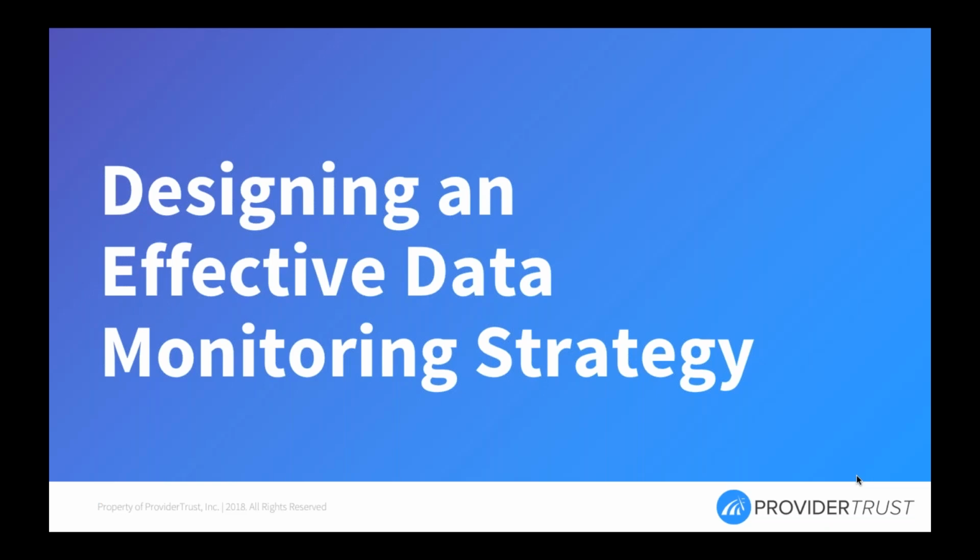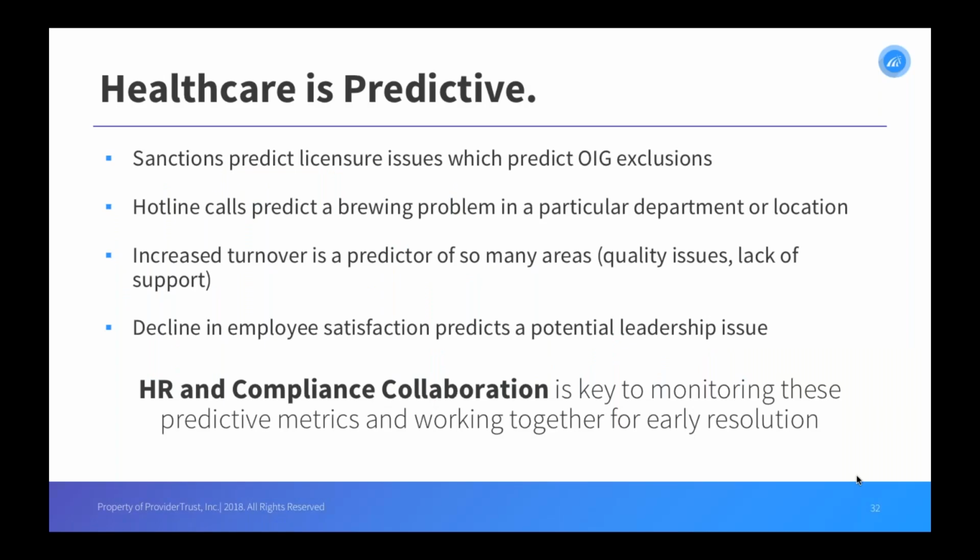So let's start by sharing a little bit about how healthcare is predictive. We see this all the time with onboarding clients and from our ongoing monitoring services. That first bullet point is that we see it happen all the time: state sanctions predict licensure issues, which predict OIG exclusions.